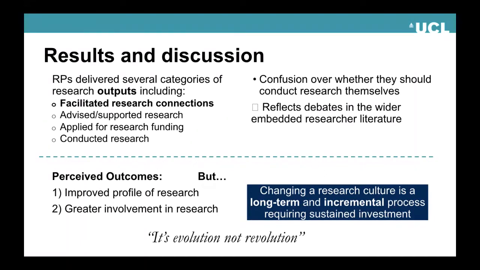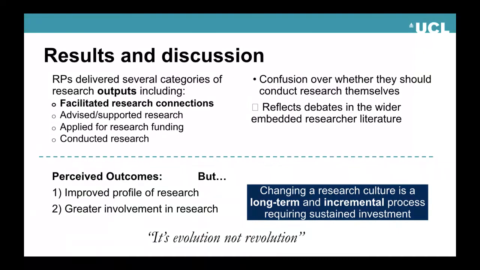Now, there was actually confusion about whether they should themselves be conducting research, and for most, this wasn't actually a dominant part of their role. And this is something that's up for debate within the literature, as authors have placed varying degrees of emphasis on different aspects of embedded researcher roles, such as conducting research in practice settings versus building research capacity.